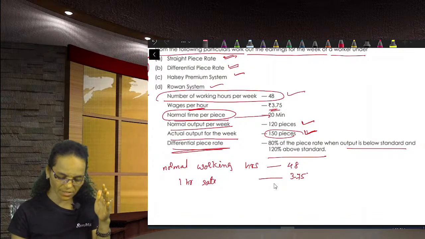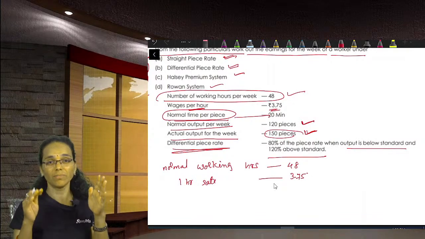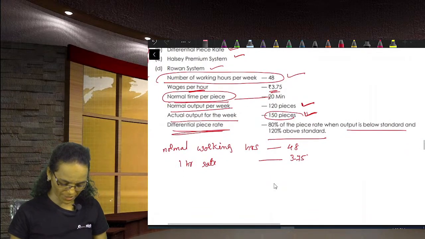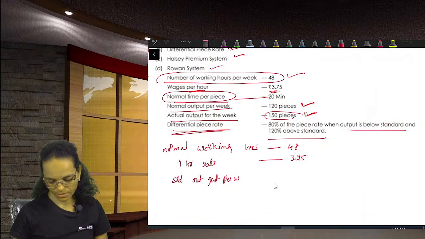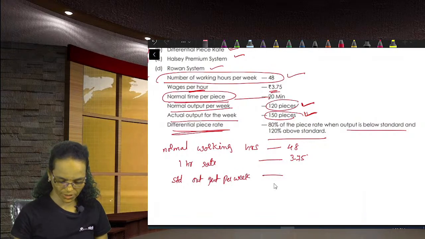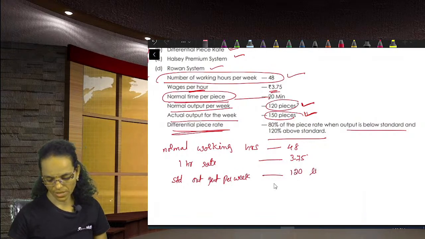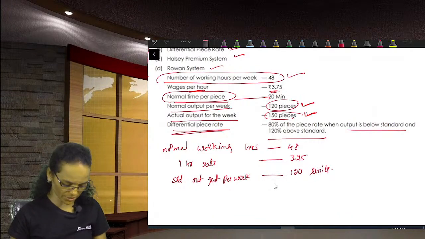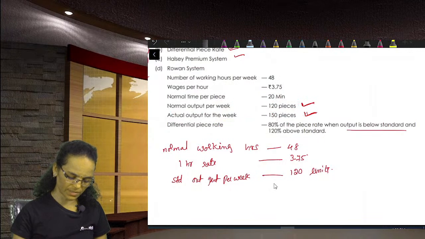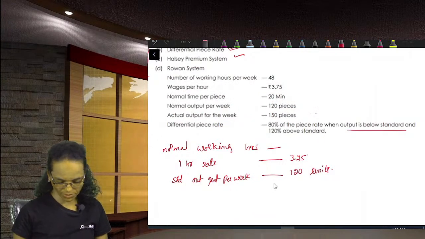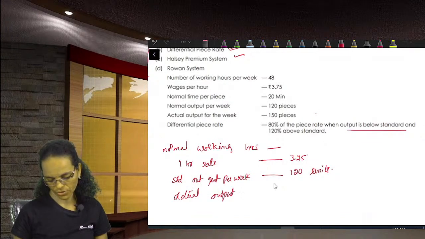In 48 hours, they are supposed to produce 120 pieces. This is the standard output per week, 120 units. Actual output per week is 150 units. So they produced 150 units.